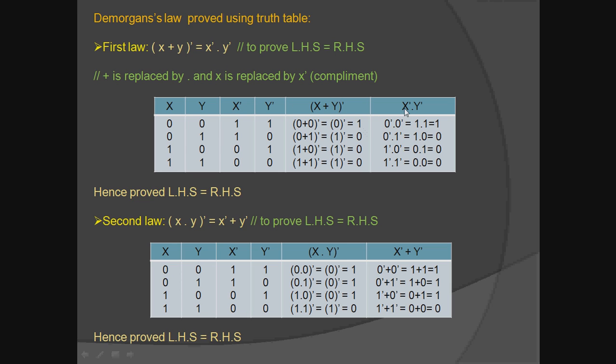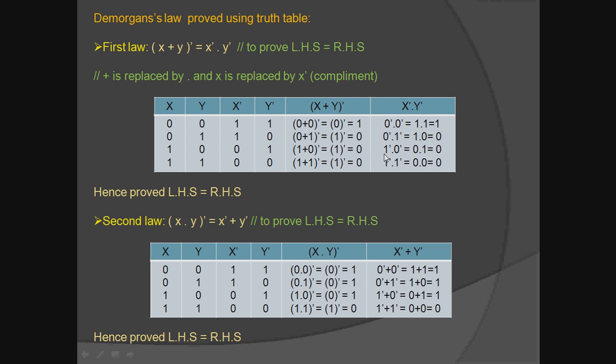So on the right hand side we have x complement and y complement, that is 0 and 0, so the complement of 0 is 1 and the complement of 0 is 1, so we get the value 1. Similarly here we have 0 and 1, so when we find the complement of that, we get 1 and 0, so we get 0.